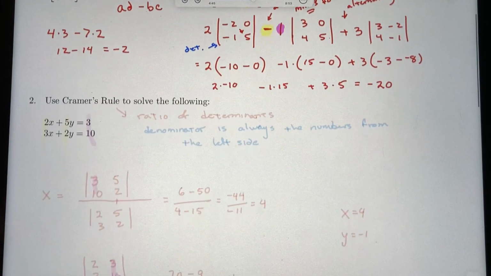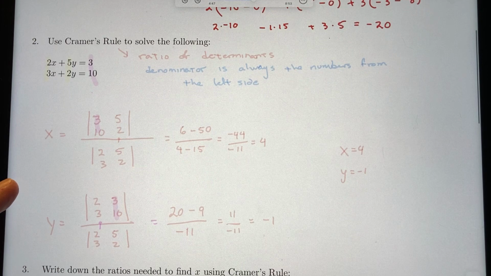Okay, Cramer's rule. What happens is, Cramer's rule is a ratio of determinants. And the bottom is always, always the numbers from the left side.